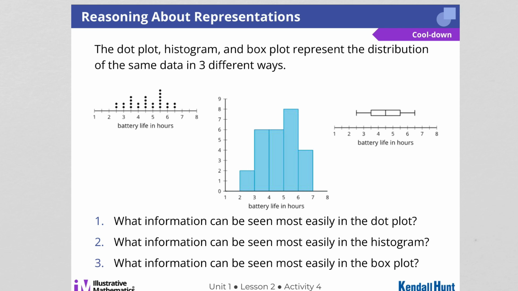What information can be seen most easily in the dot plot? Individual values. We can see the minimum, maximum, and the mode. What information can be seen most easily in the histogram? Shape of the distribution.